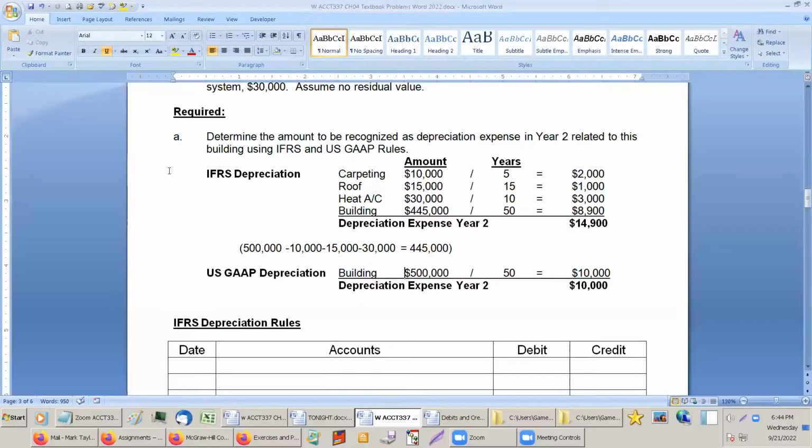In the end, the costs are going to be the same. All we're talking about is how we allocate those costs. The actual buying and using of the building hasn't changed at all.